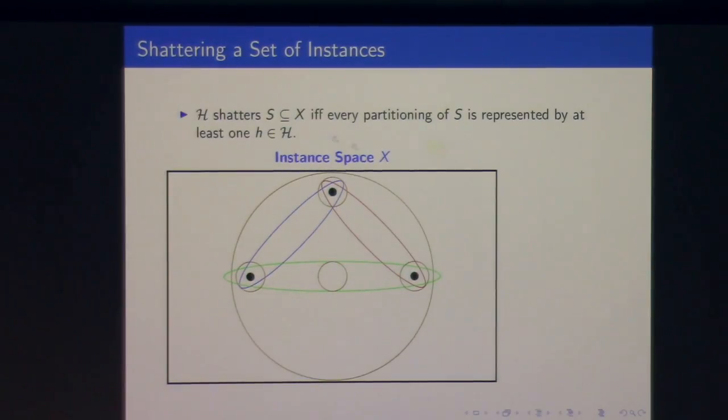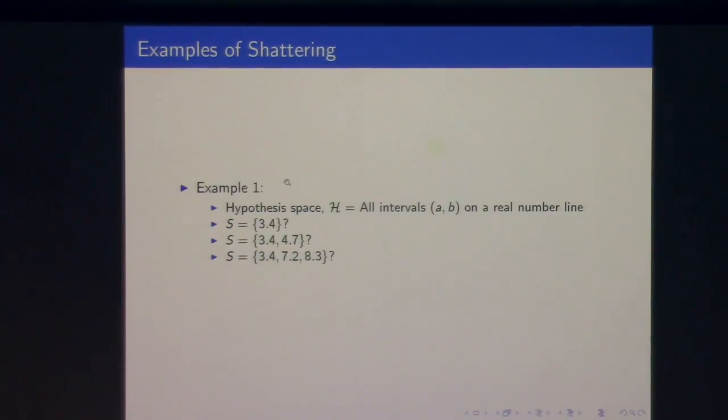A hypothesis space will shatter this particular S if there is one hypothesis in this hypothesis space that has the same effect as each partitioning. Any questions with that? There will be a couple of grading problems to bring home the point as well. Okay, so let's look at some examples.